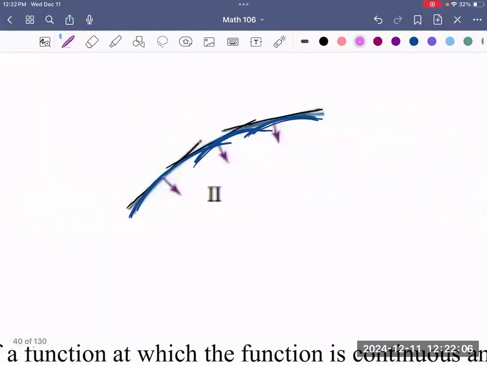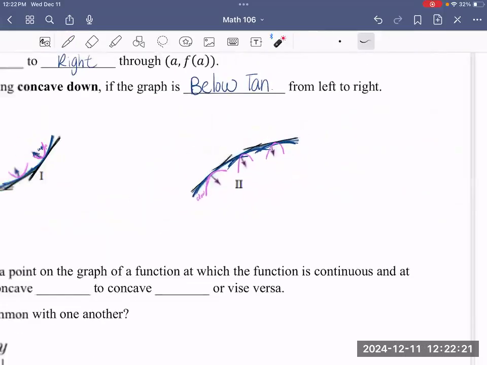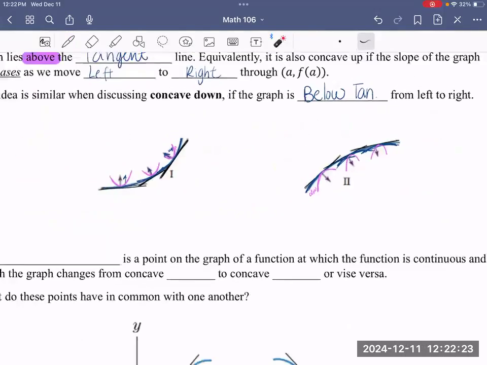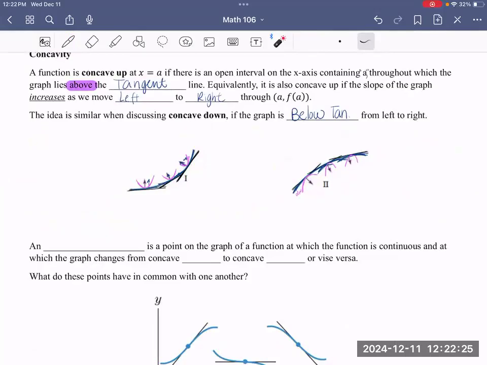Whereas this one, if it were to bounce off your tangent line, forms the word down, where this is now the n of the word down. So that's your concavity. Just draw a quick tangent line, maybe draw a few more, and determine where the graph is, and then make this little concavity picture to figure out: are we going to be up or down?